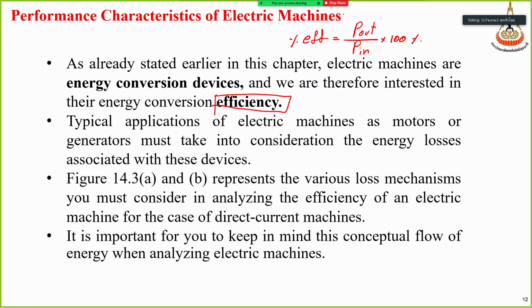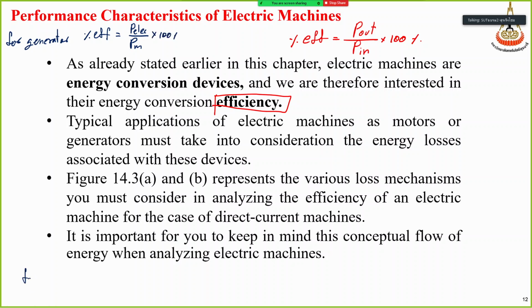For a generator, the output is electrical, so the efficiency is electrical output divided by mechanical input, times 100%.